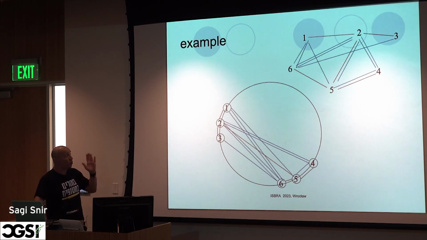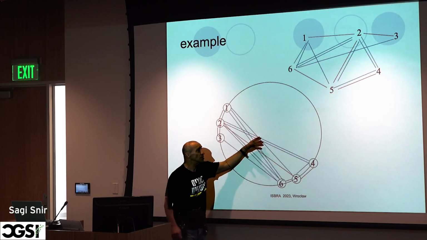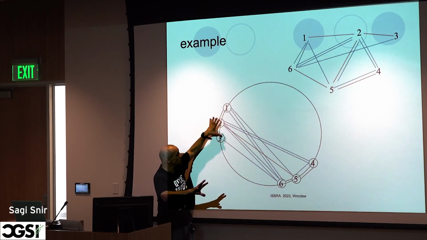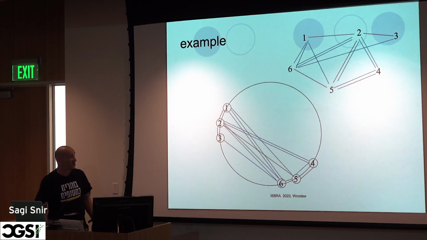And now when we draw a random hyperplane on that circle, the likelihood to separate or cut the blue edges is high.